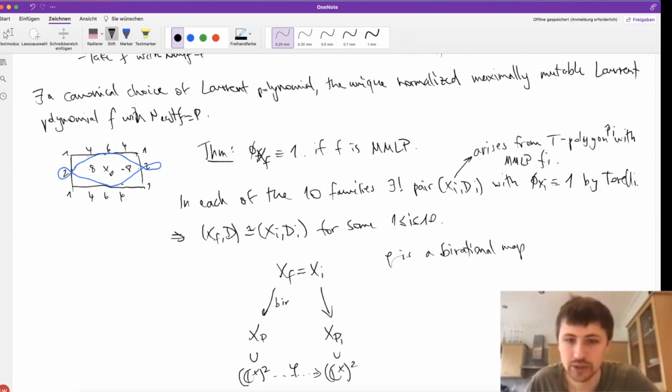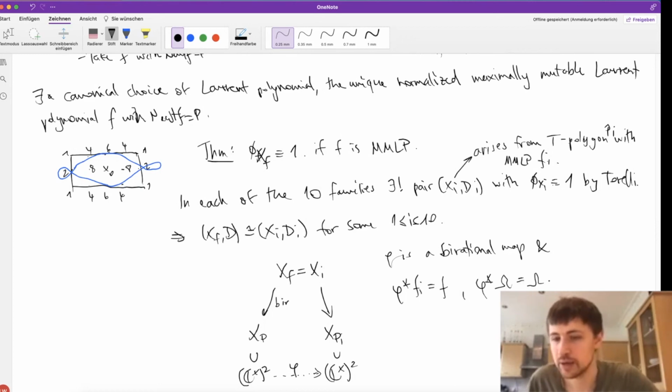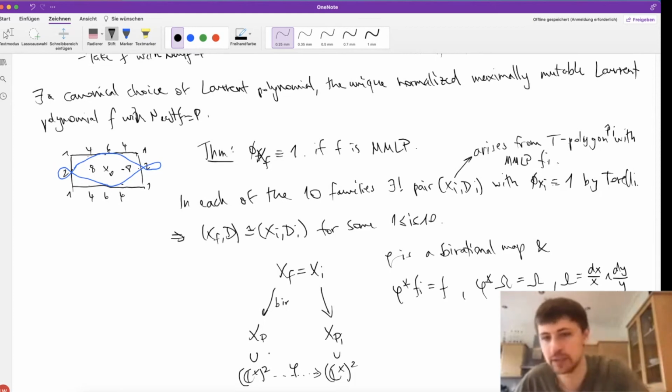It's just a composition of going around this diagram. And it satisfies, if you pull back the Laurent polynomial here, you get the Laurent polynomial here. And it's volume preserving, where it preserves the holomorphic volume form on the torus, which is given by dx dy over xy. And the reason for that condition is that we're only ever blowing up on the boundary of these toric varieties. So we're never blowing up in the interior of the torus.